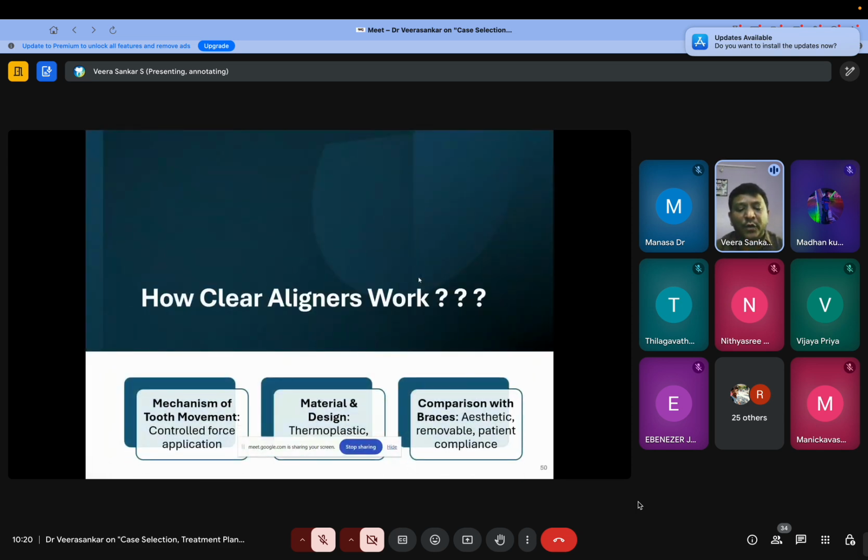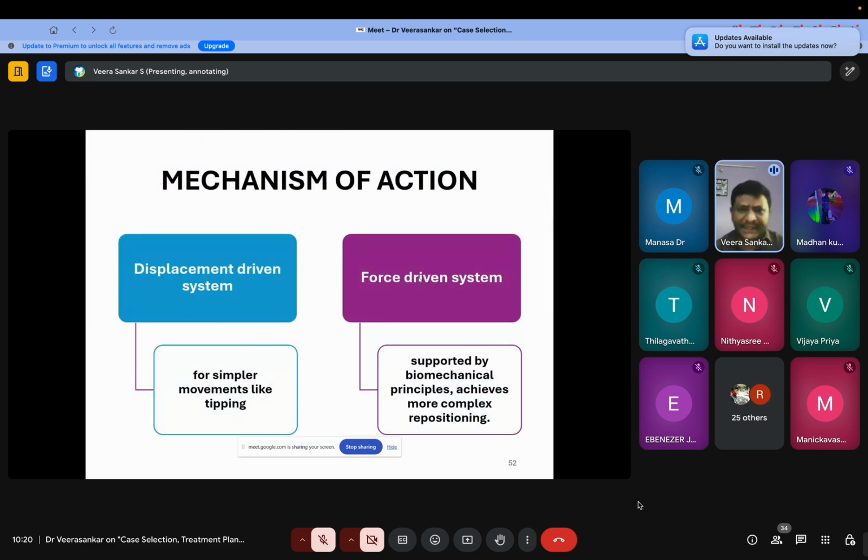So now moving on to the topic of how clear aligners work. As I discussed before, there are two common mechanics. One is displacement driven, the other force driven. In displacement driven, all the basic systems work under displacement: a series of models is printed as per the planning of the software. Mild movements like tipping can occur. When it comes to force driven, complex movements can be achieved because we are applying biomechanics principles, and complex repositioning is also possible.